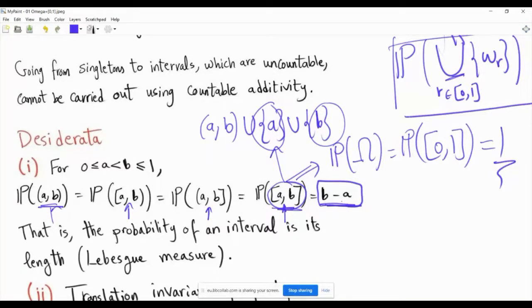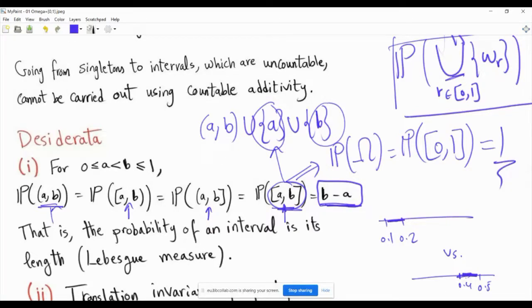There is something that we think should be there in our assignment of probabilities, which is translation invariance. If you are thinking of a uniform probability measure on 0, 1, which means that the likelihood of hitting any number is the same, well, what is the probability of getting something between 0.1 and 0.2 versus getting something from 0.4 to 0.5, something here and there?